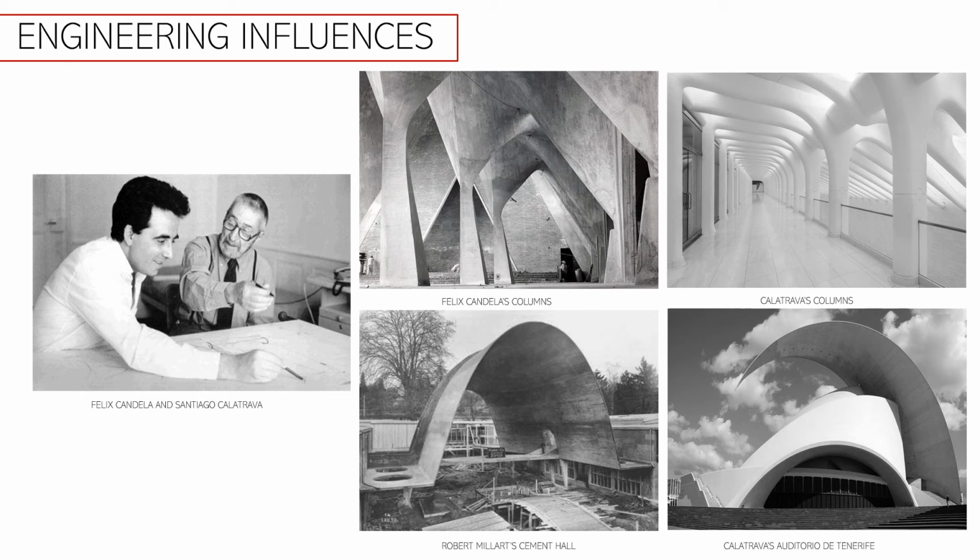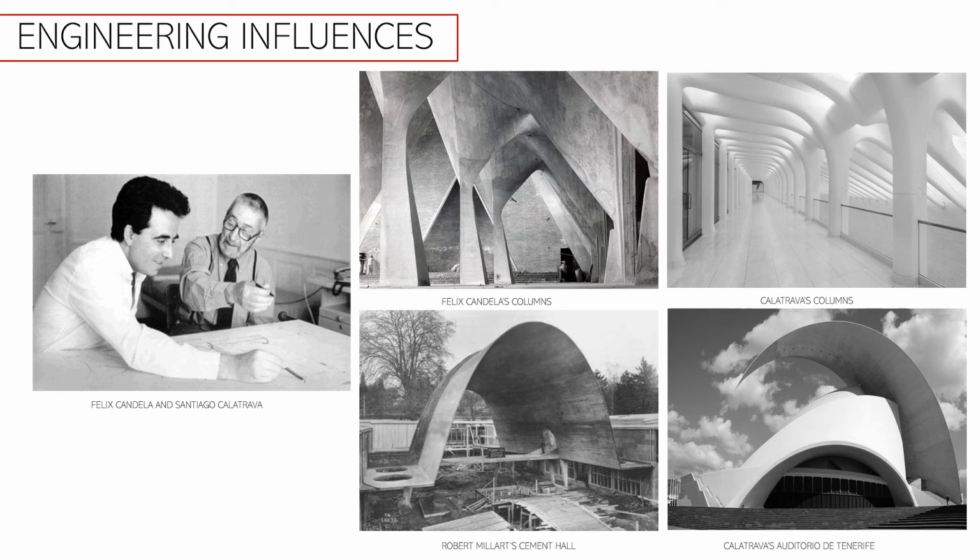Calatrava studied the work of expert engineers as an engineering student and later became the mentee of engineer Felix Candela. The two worked closely together, and Calatrava grew in experience and expounded on the work of Candela. You can see Felix Candela's manipulation of concrete in his columns, which would later influence Calatrava's projects.